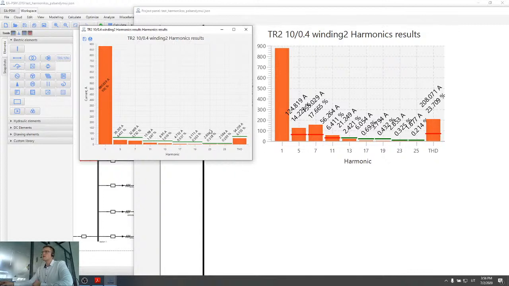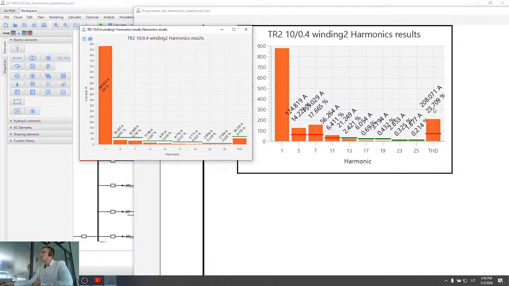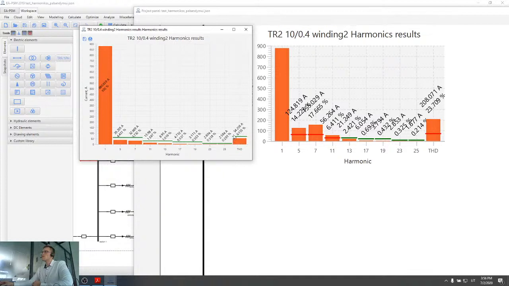As soon as I connected the filter, all of those harmonics went down, and actually none of those harmonics exceeded the permissible limit. So total harmonic distortion is now only 6%. Before that, the harmonic distortion was 23.7%. So you have a huge reduction of the harmonics.